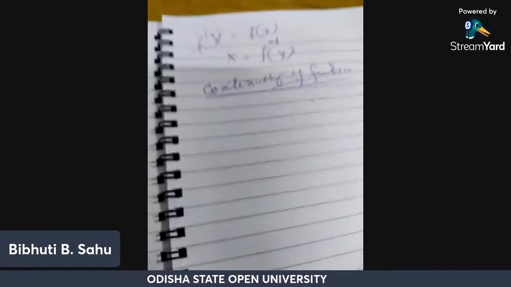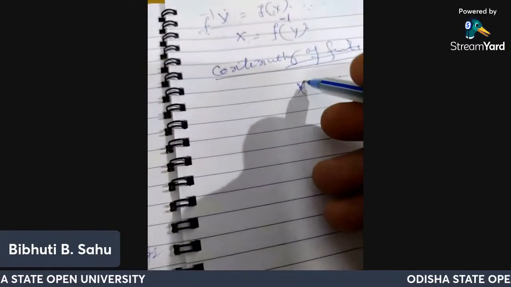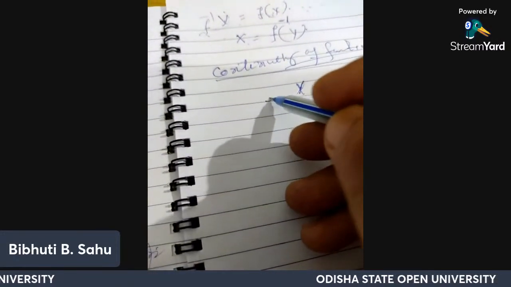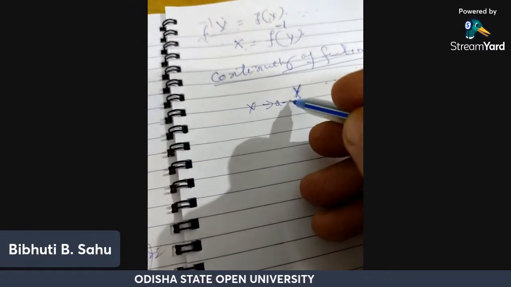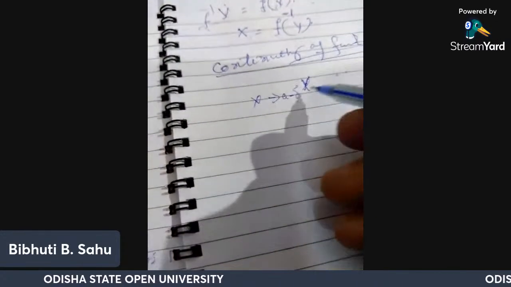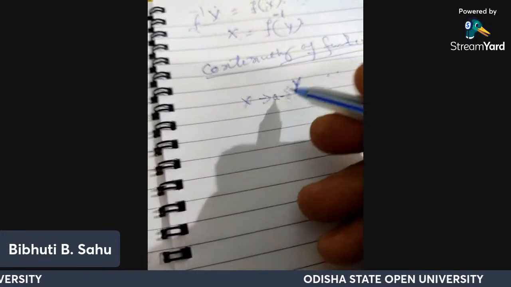So for this, we can take any variable x, and for any limit, let x tend to a minus some delta value. That means this is the neighborhood value, what we say.